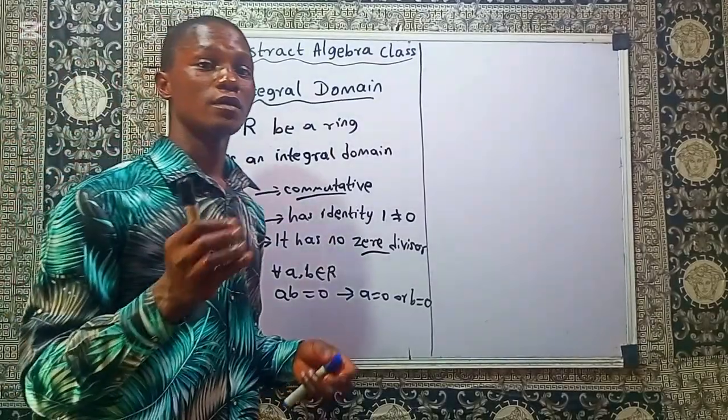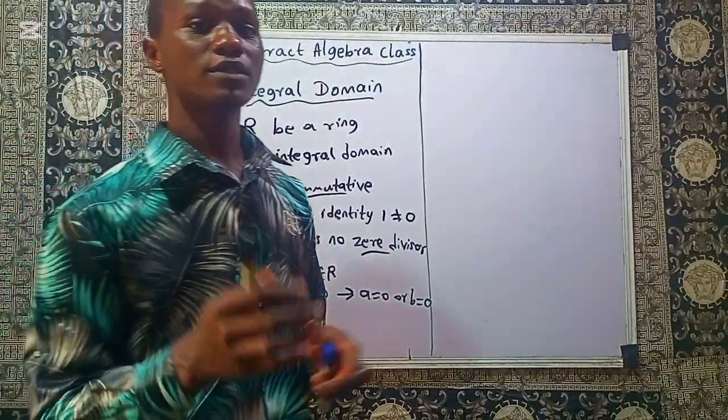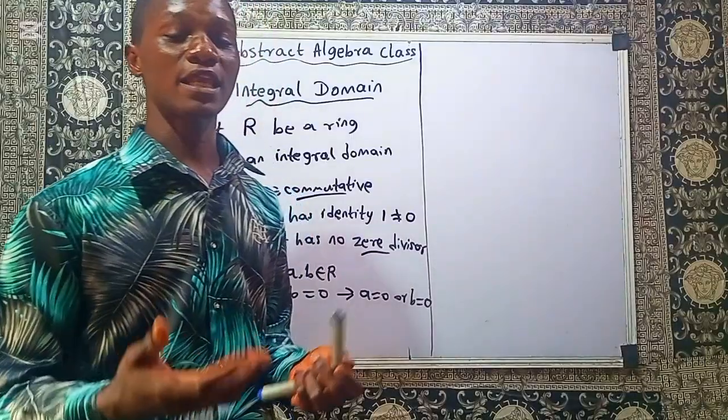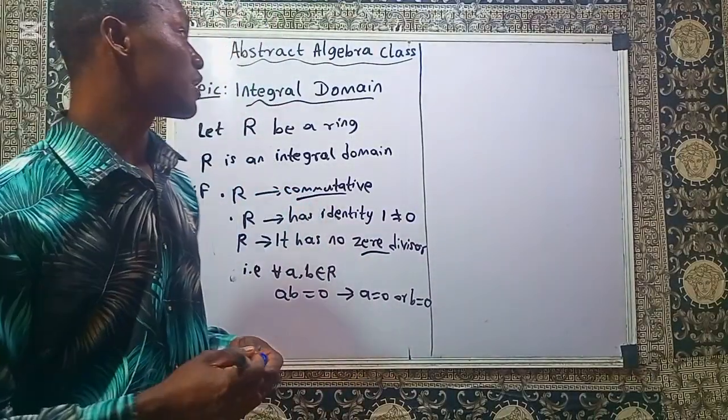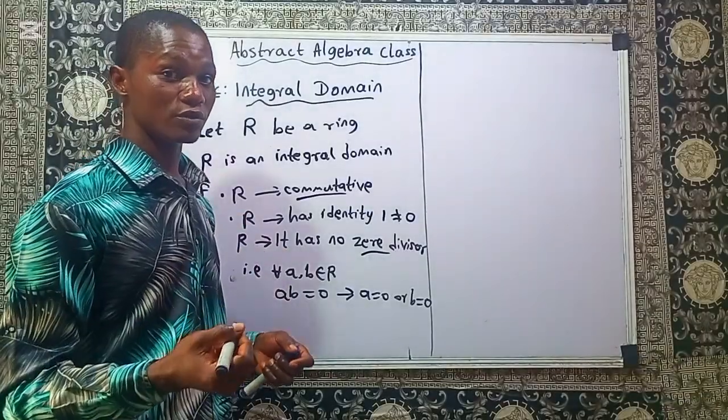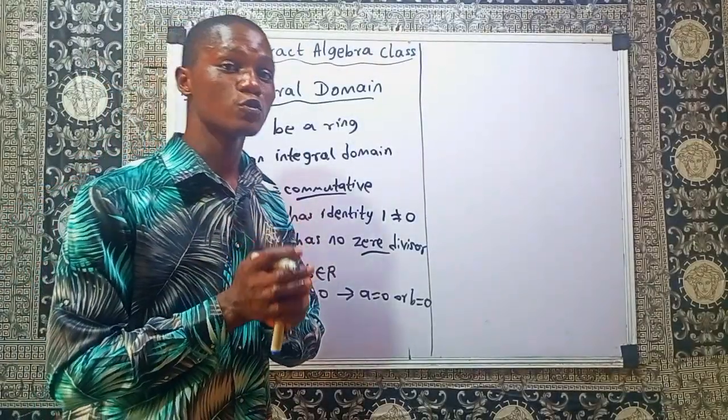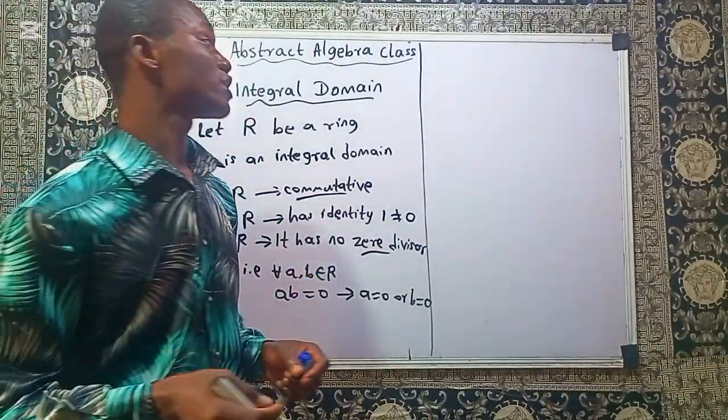Now, in the concept of a ring, zero divisors are those elements of the ring which are non-zero. If you multiply two such elements of the ring, you get 0.